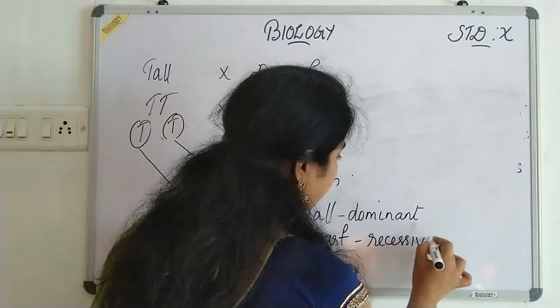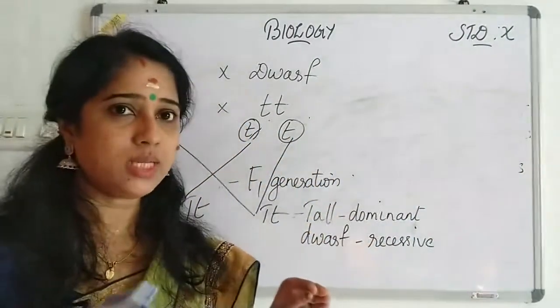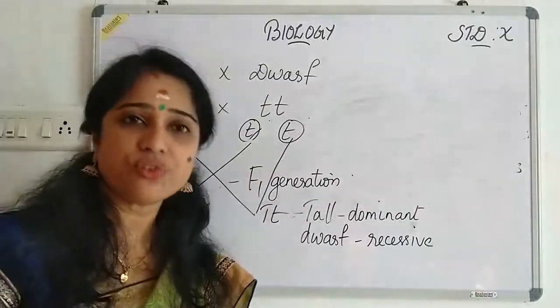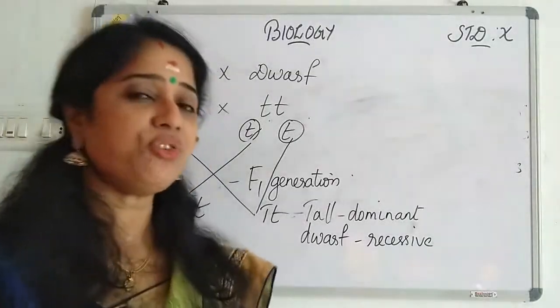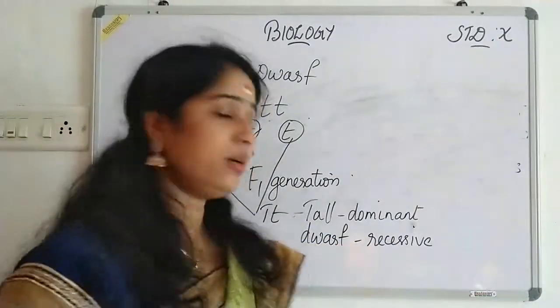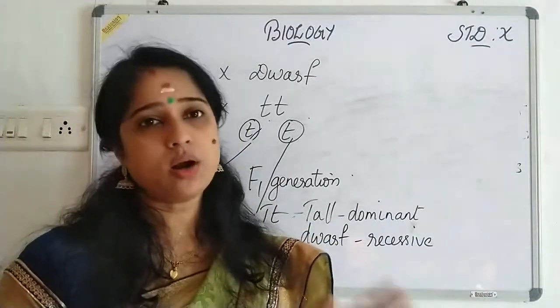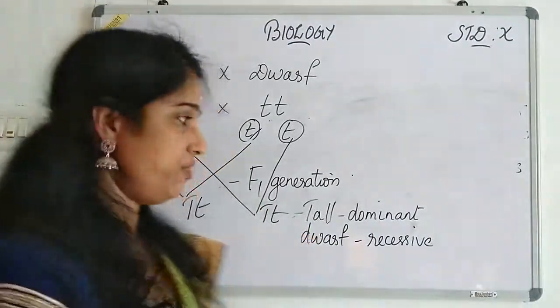Recessive. He called tall the dominant because it expressed in the first filial generation. The dwarf is not expressed, so he called it recessive. Clear about the first thing?